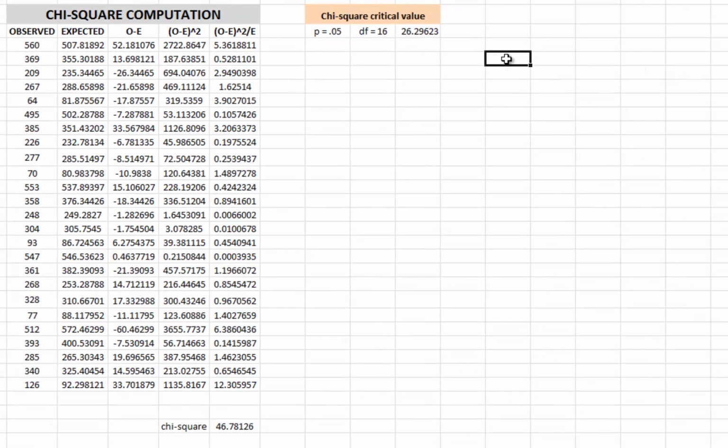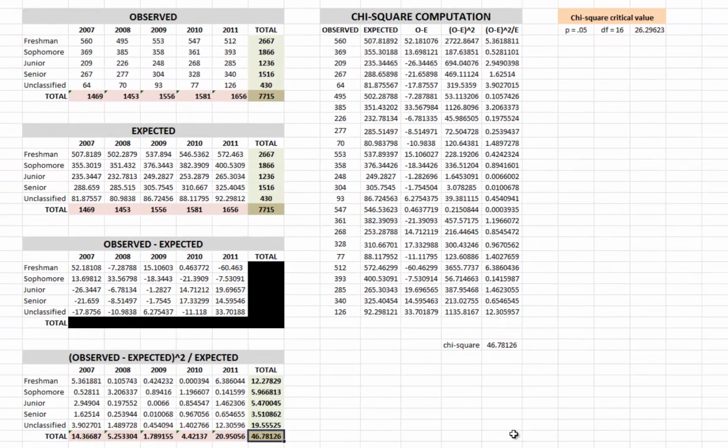Now if you notice, our chi-square down here in our chi-square computation columns and in our chi-square totals down the left-hand side, it's 46.78. That is much higher than our critical value of 26.29 or 26.30. So those are the 2 things we need in order to determine what we're going to do with our hypothesis.